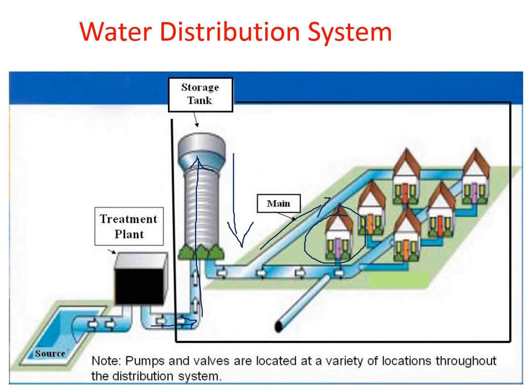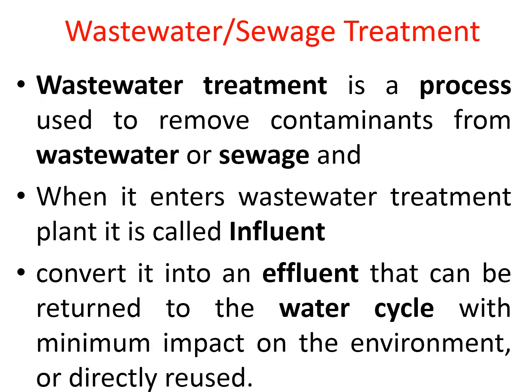Whenever it reaches your house, it has to fulfill all the requirements of the drinking water standard 10500:2012, and the most important parameter is residual chlorine, that is 0.2 milligram per liter is to be maintained. So this way you can prepare the whole flow diagram, and along with that you can write down all the functions in short. Now we will discuss wastewater or sewage treatment plant.